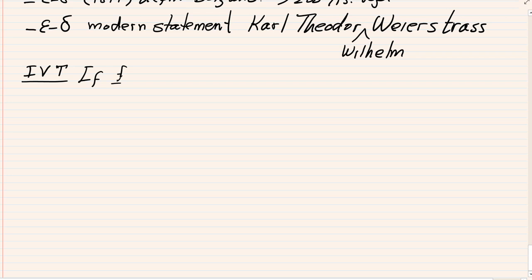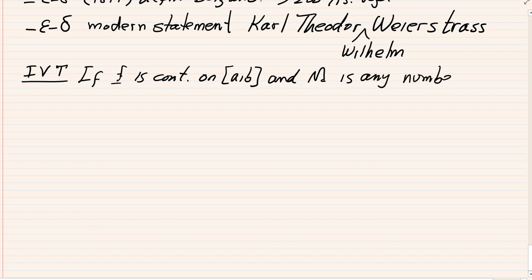Here's what the intermediate value theorem says: if f is continuous, so we need a continuous function, on a closed interval from a to b, and we let m be any number between f at a and f at b, inclusive. Remember, f at a and f at b are on the y-axis, so m is on the y-axis.